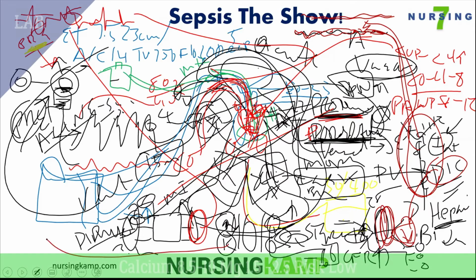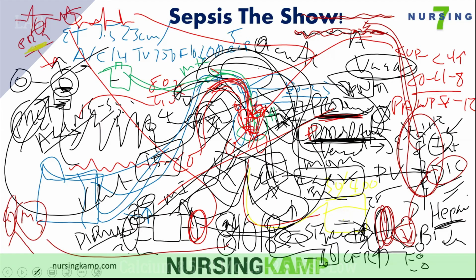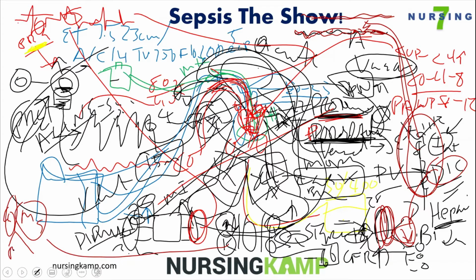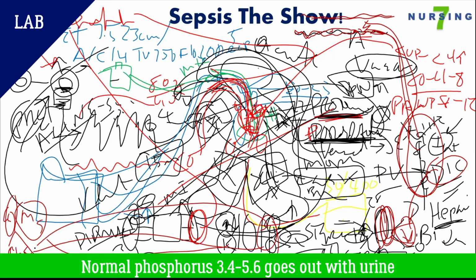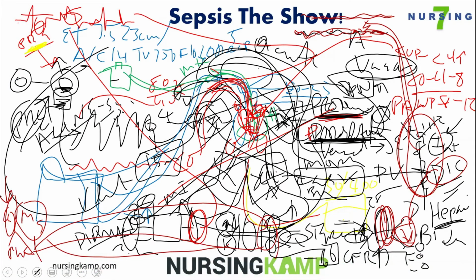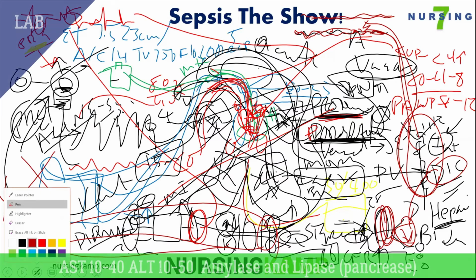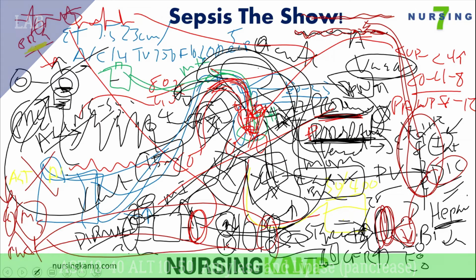We're also going to be monitoring their calcium and magnesium because the patient is going to be diuresing, and they're going to be getting lipids, and we're going to monitor their phosphorus as well, because as they go into acute renal failure, they're at risk for hypophosphatemia, which means that the patient's phosphorus will start to go down. In addition, we're going to monitor their liver enzymes, their AST and then their ALT.